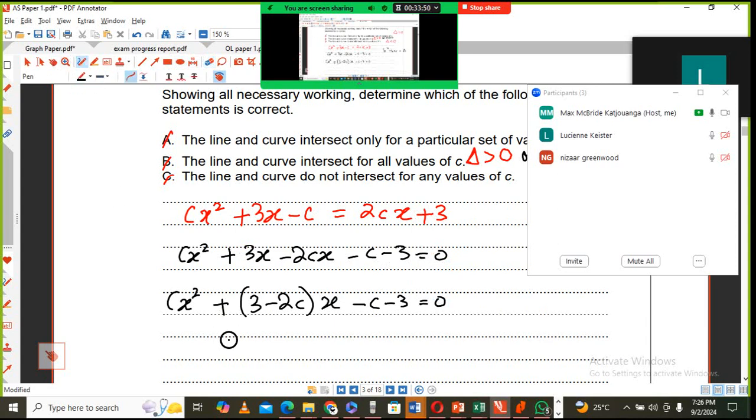But anyway, let's continue. So our b is going to be 3 minus 2c all squared minus 4. The value of a is c. Are we together so far? Yes. And the value of c is this whole business here, minus c minus 3.